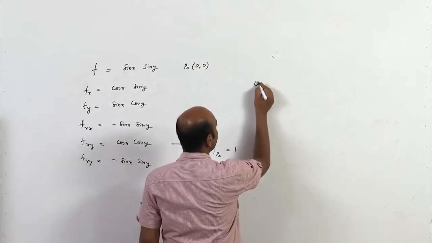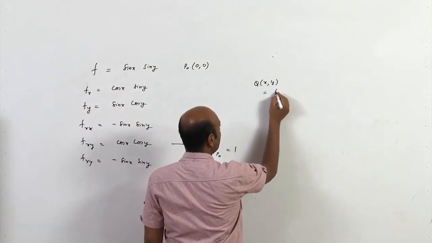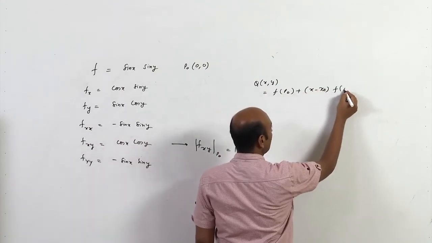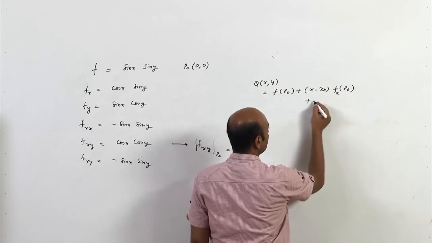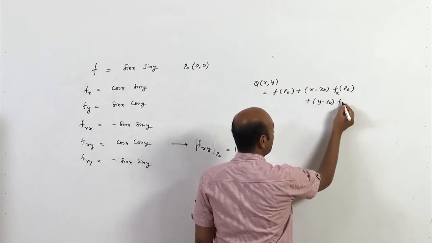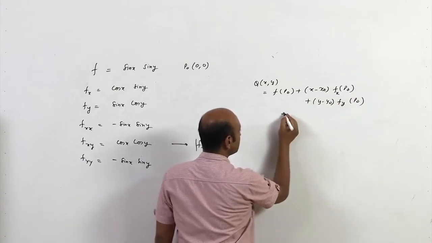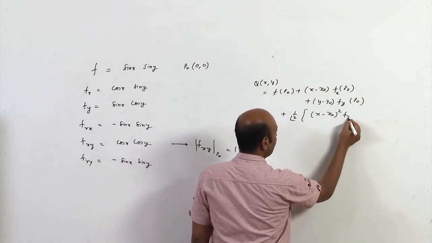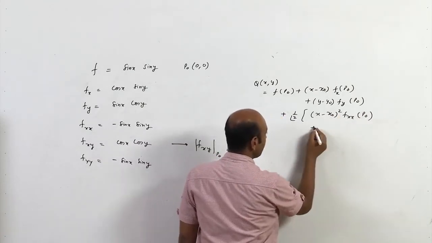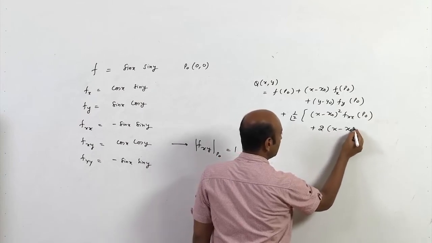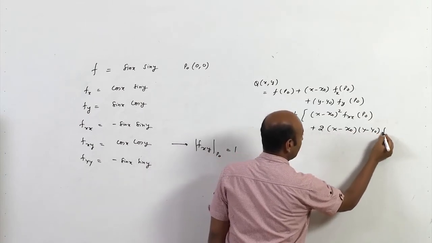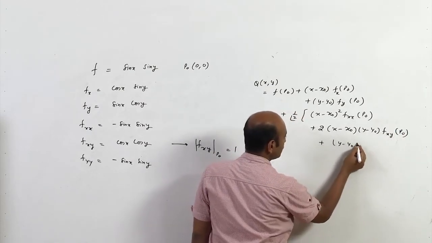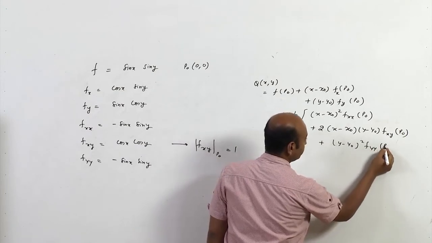Quadratic approximation of f will be given by f at p naught plus (x minus x naught) f_x at p naught plus (y minus y naught) f_y at p naught plus 1 by factorial 2 [(x minus x naught) whole square f_xx at p naught plus 2 (x minus x naught)(y minus y naught) f_xy at p naught plus (y minus y naught) whole square f_yy at p naught].